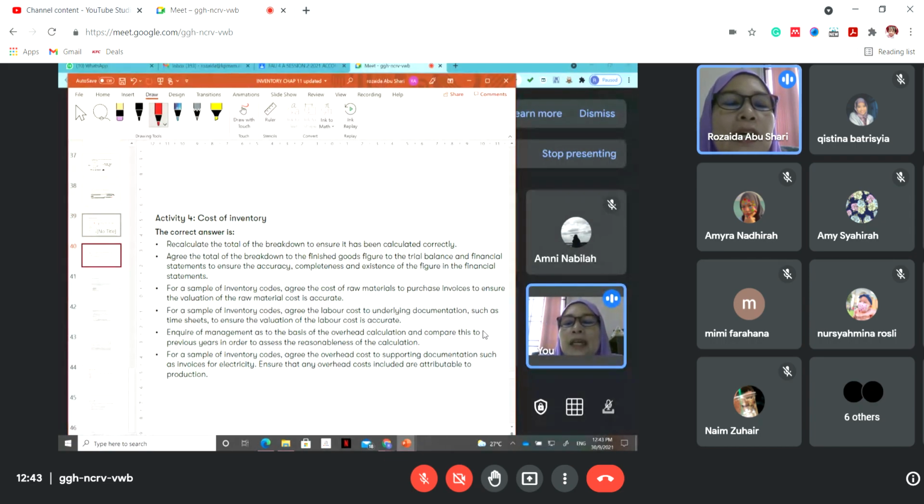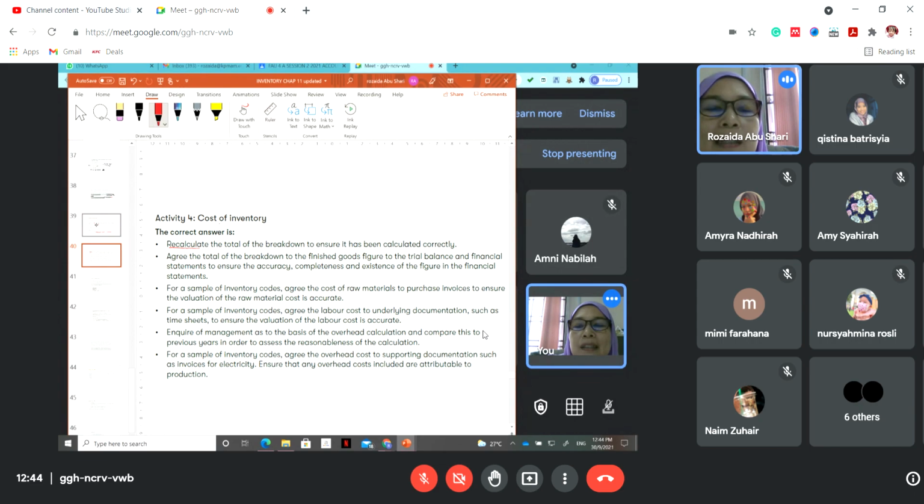You can recalculate. So recalculate is one of the procedures. Recalculate the total of the breakdown to ensure it has been calculated correctly. So this is to check the correct valuation, because you are looking for the correct valuation of the cost item of the inventory.